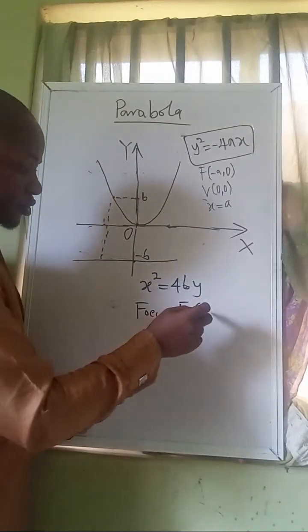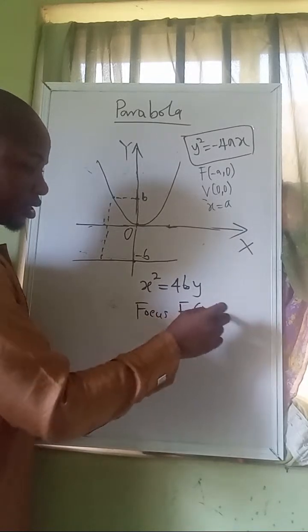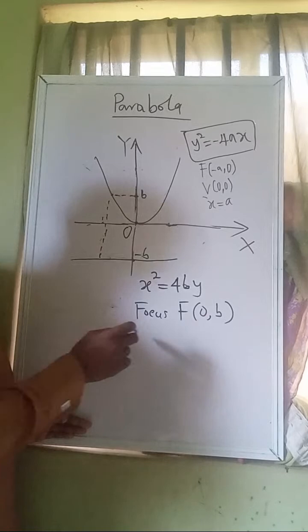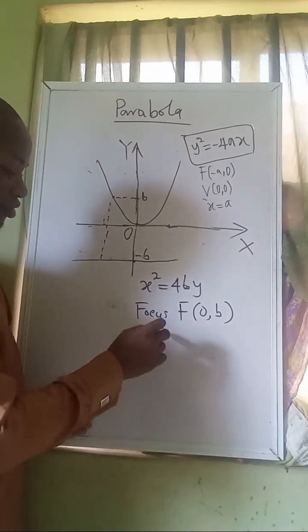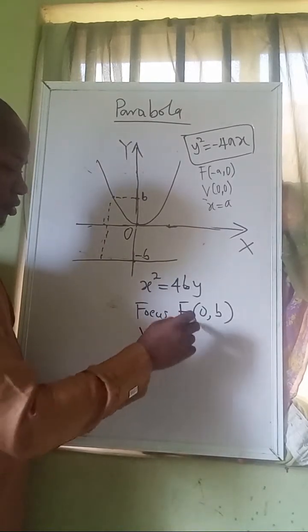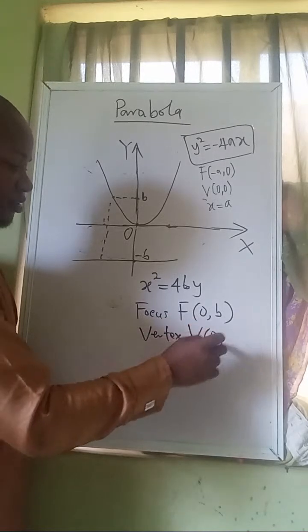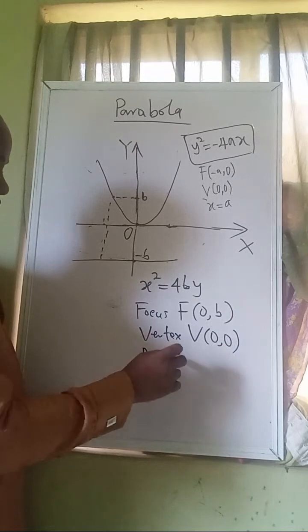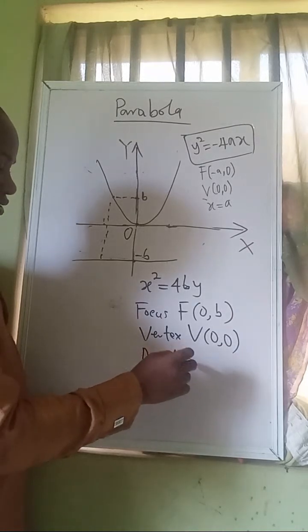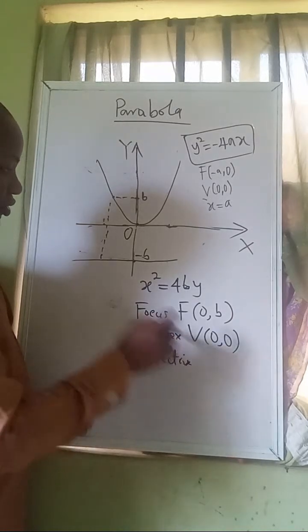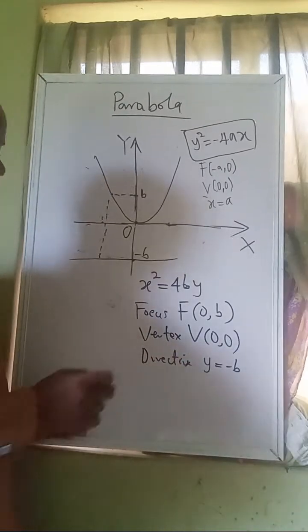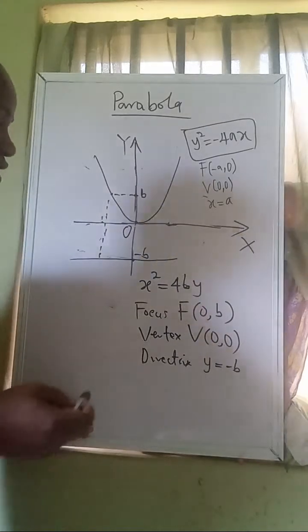So this will be the focus of this parabola, and also the vertex remains at the origin. So the vertex v is 0, 0, and then the directrix in this case will be y equal to minus b. So this is how we formulate for this.